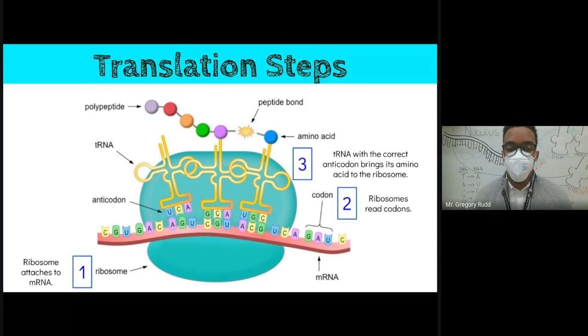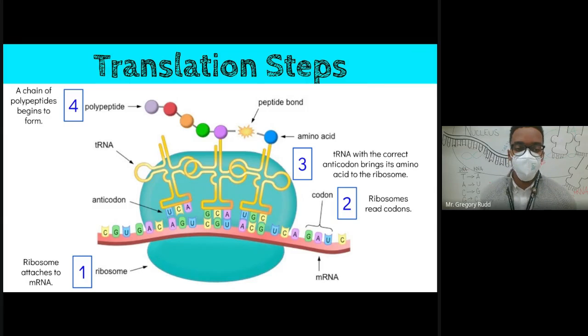And we're going to talk about how we know which amino acid is going to be brought in a couple of slides. And then lastly, the fourth step, we can see that the chain of polypeptides is beginning to form. So each of those colorful circles is an amino acid. As we link them together, they start to form a protein.